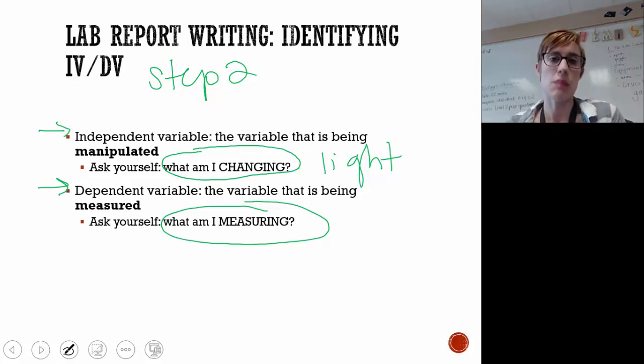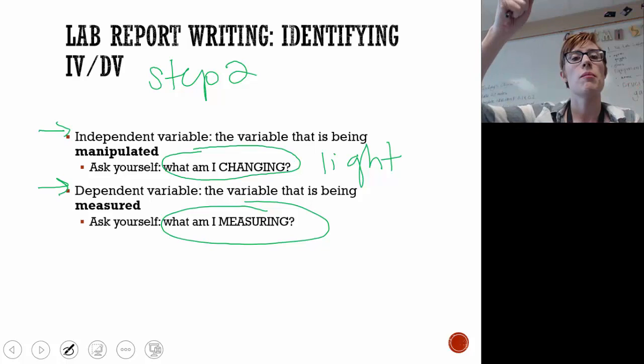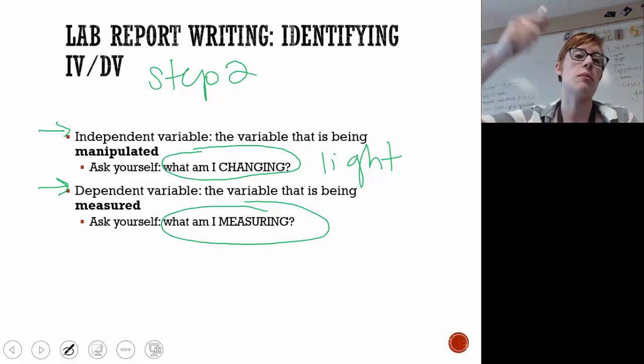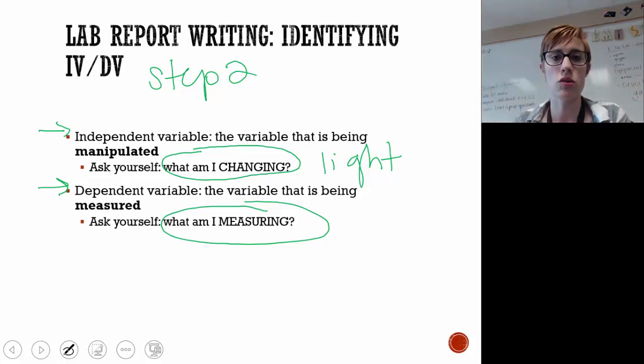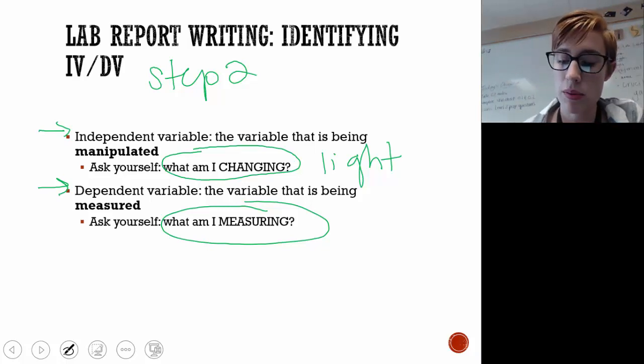So in my example with the different colors of light in the tomato plants, what would I be measuring? I would be measuring the height of the tomato plant, right? Because I want to measure which tomato plant grows best in which light. And so I can measure growth by using a ruler and measuring how many centimeters each tomato plant grew in their respective light. So in the example I gave, it would be the height of the plant.